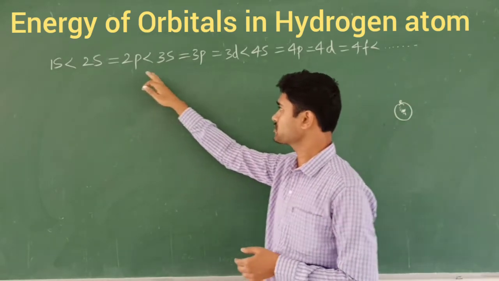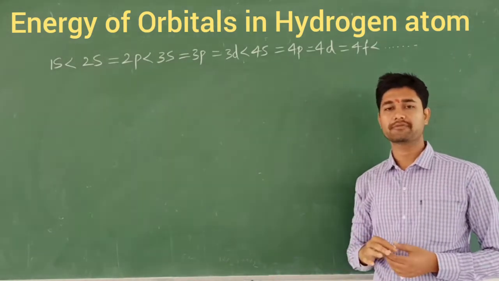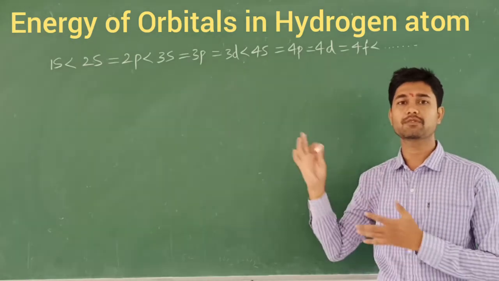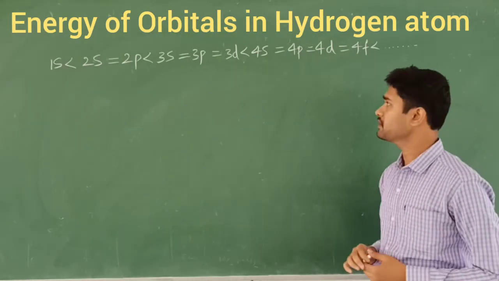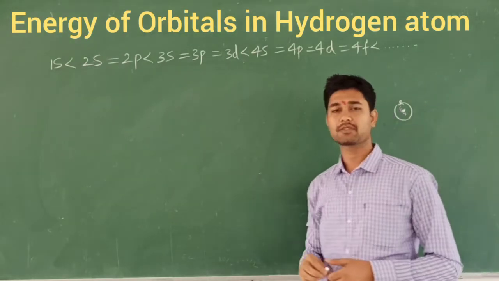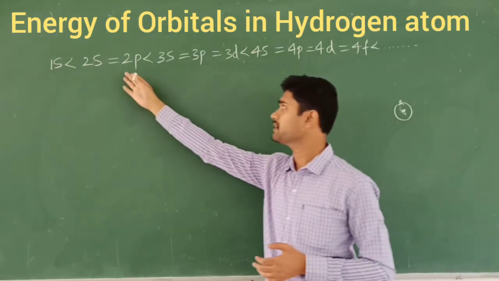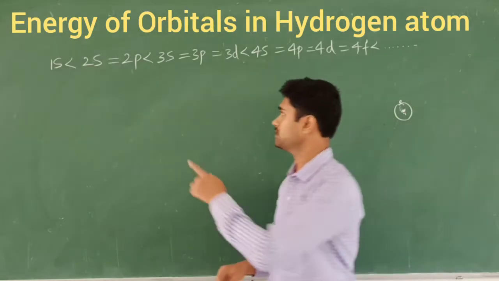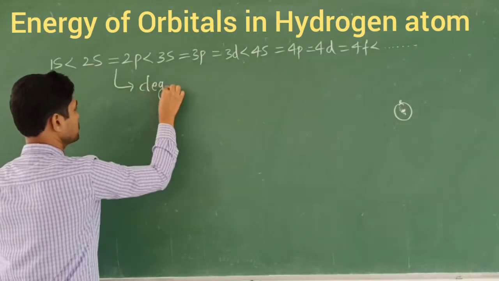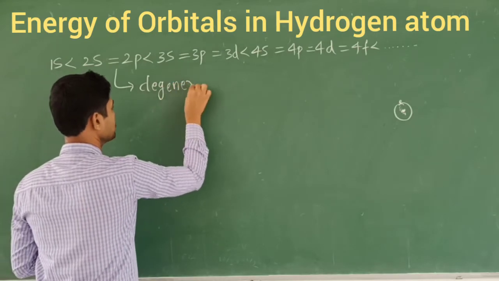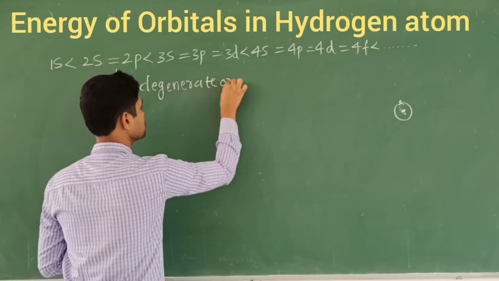These show the increasing order of the energy levels of the respective orbitals in filling the electrons in the respective atoms. Orbitals with the same energy, I am going to call the degenerate orbitals.